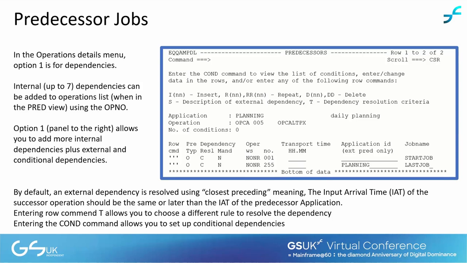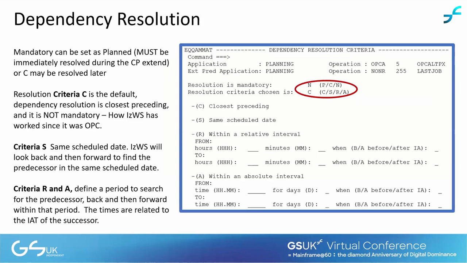But from this panel, you can also see that you can set up your conditional dependencies, and you can also change your dependency resolution criteria, other ways of creating the dependency, or rather not creating the dependency, but finding the dependency.